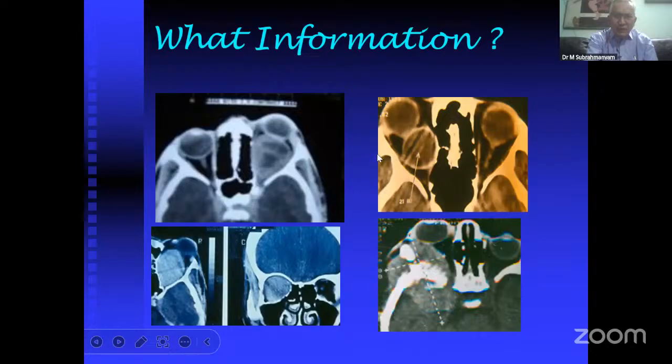What other information will it show? Look at this. Here is a mass with very clear-cut borders in the intraconal space, and it is an optic nerve glioma with cystic degeneration. You can see two cysts with an axial process. So it's a very long-standing lesion.